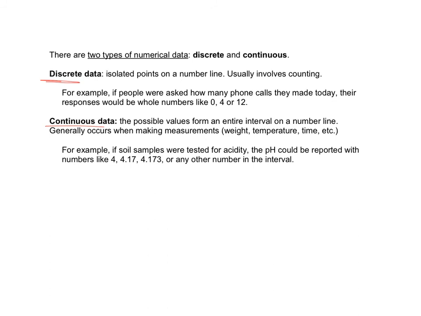And a good example here is soil samples being tested for acidity. That's done via measuring the pH. So the pH could give numbers like 4 or 4.17 or 4.173 or any other number that's in the possible interval for pH numbers. And that is the end of this lesson.